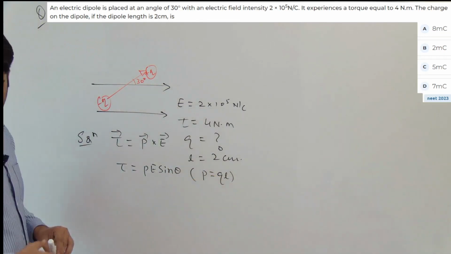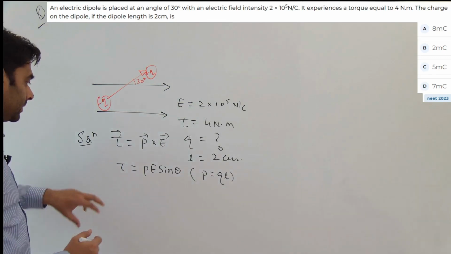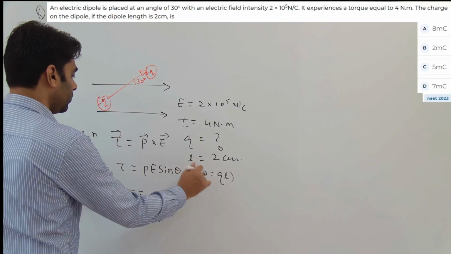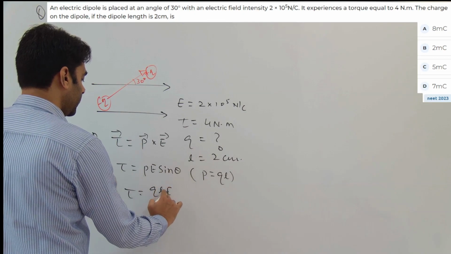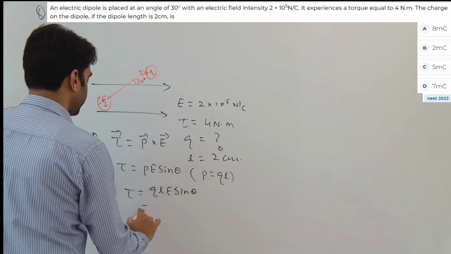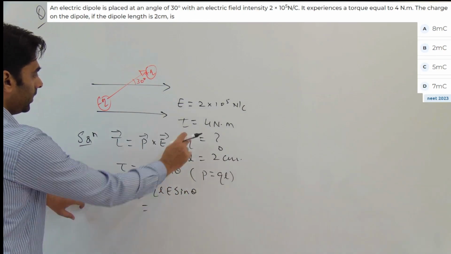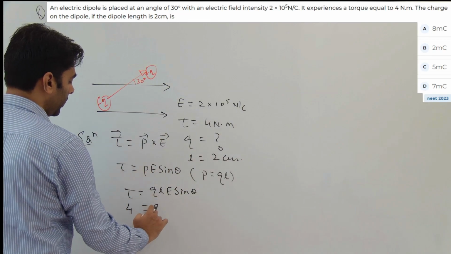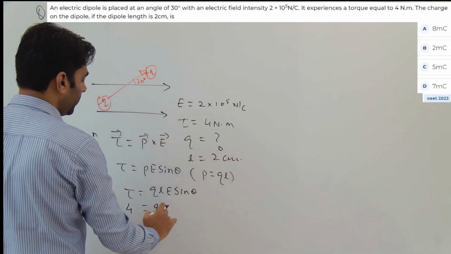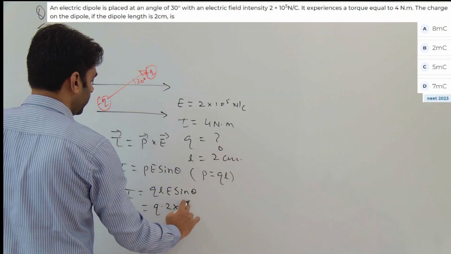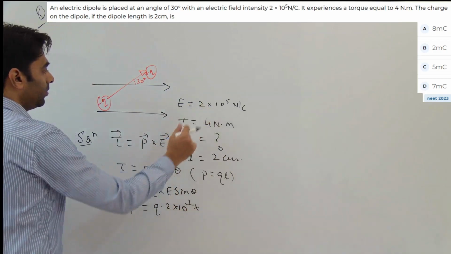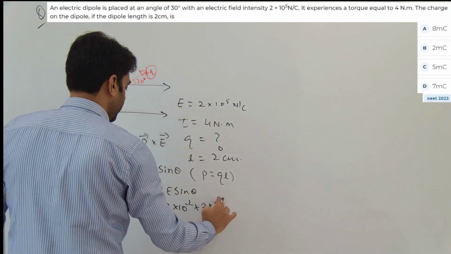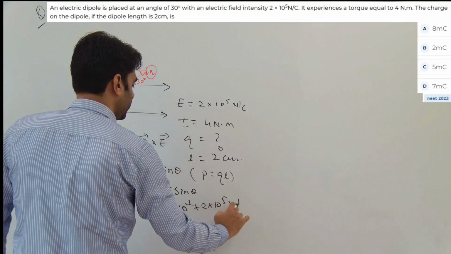So let us substitute. Tau is equal to Q L E sin theta. One by one, if we write down the values: torque is 4, Q, L is 2 centimeter, which we can write as 2 into 10 power minus 2, electric field 2 into 10 power 5, sin theta, that is sin 30, which will be 1 by 2.